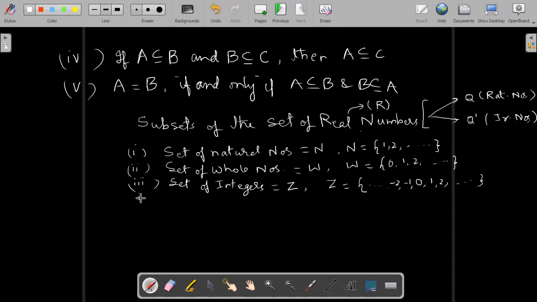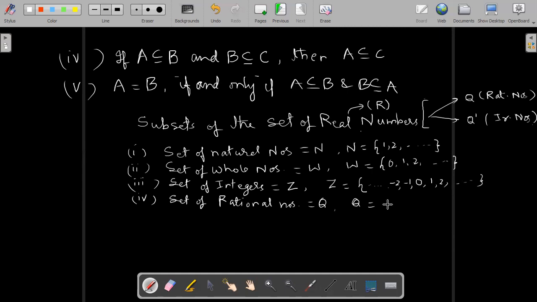Then come rational numbers. The set of rational numbers, as I told you, is generally denoted by Q. And how will you write this set of rational numbers? Can we write it in tabular form?